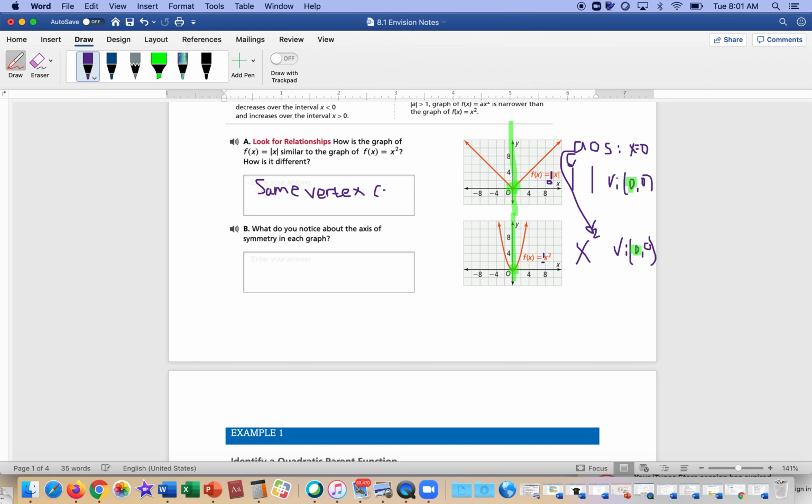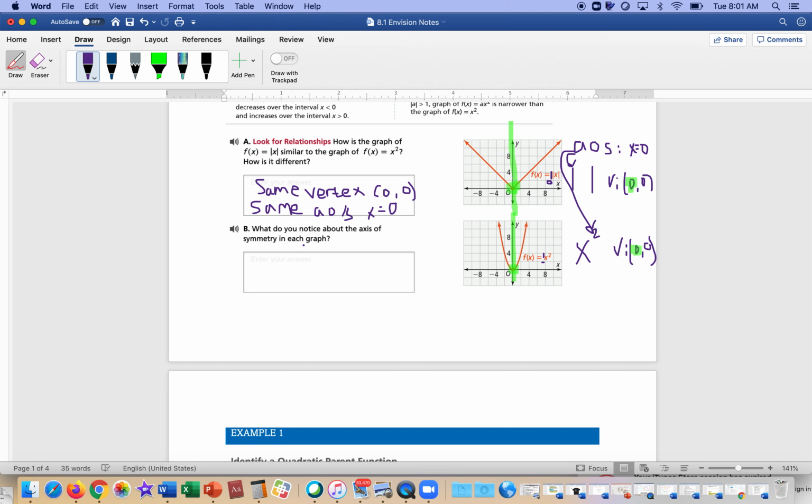That's 0, 0. And we have the same axis of symmetry. And they're both x equals 0.